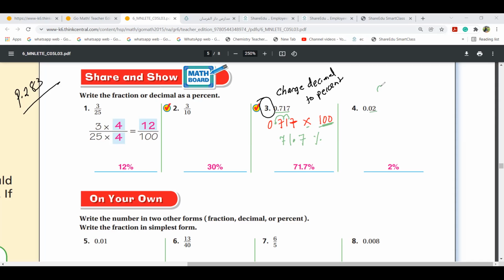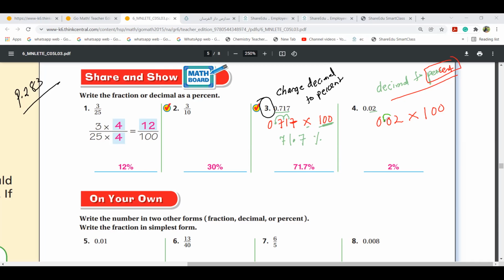If I want to change a decimal to a percentage, what do you multiply with? 100. Very good. 100 has how many zeros, Tina? 2 zeros. 2 zeros means, where should I move, to the right or to the left?